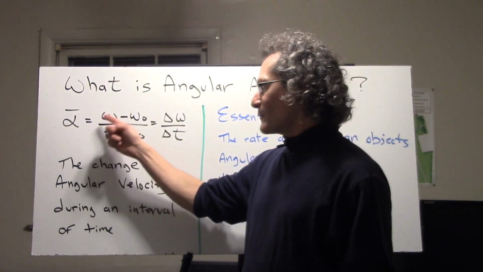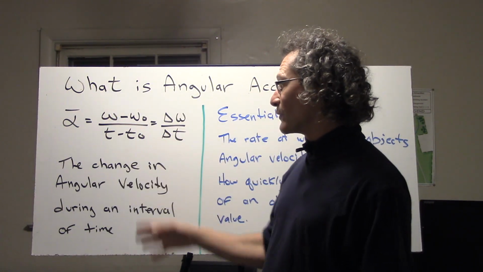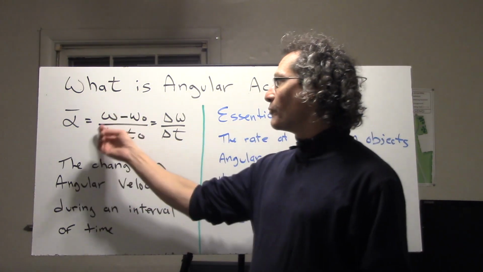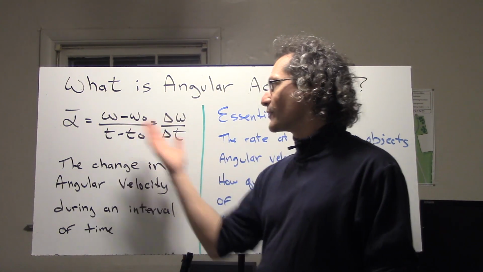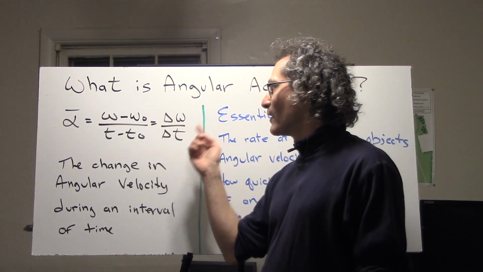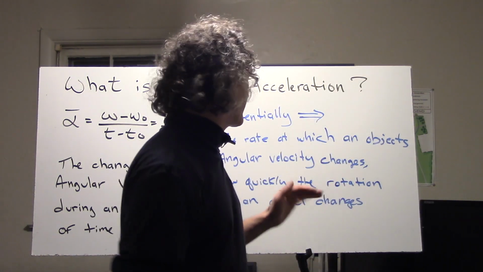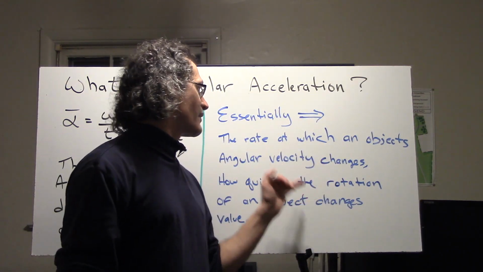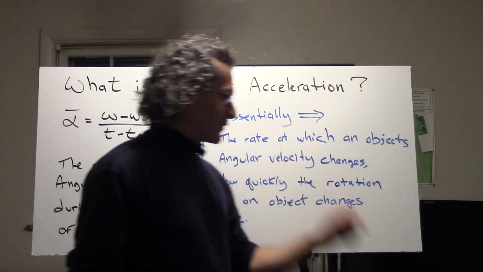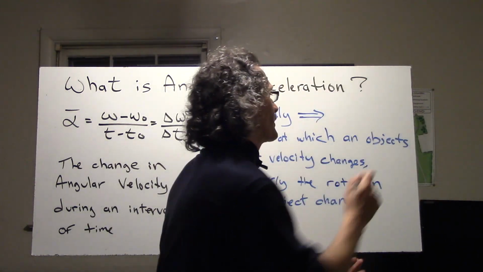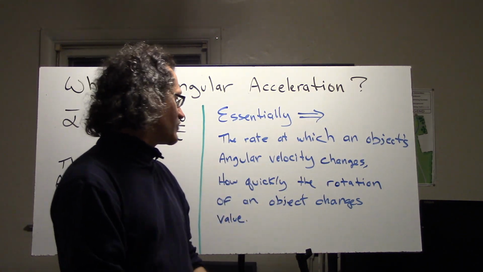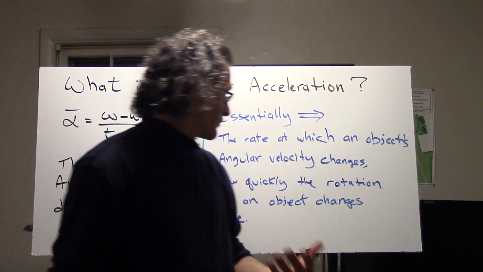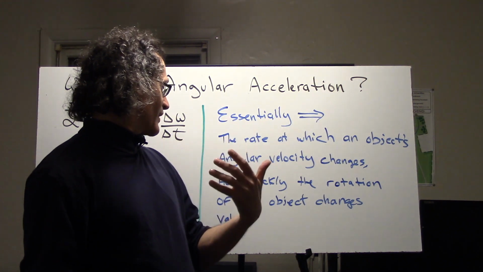Alpha is the change in angular velocity during an interval of time. Omega minus omega naught over t minus t naught. This is like v minus v naught over t minus t naught, the change in omega over change in time. All right, essentially, what is it? The rate at which an object's angular velocity changes, how quickly the rotation of an object changes value.